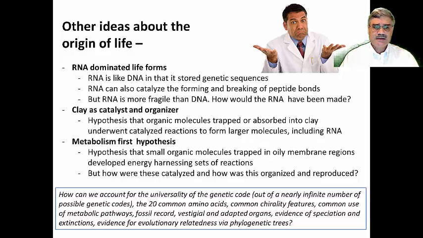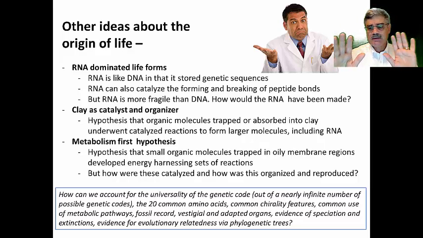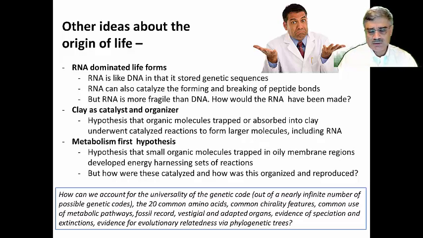How can we explain the chirality features? Remember, that's the left and right-handed nature of biomolecules, with amino acids being L or left-handed and simple sugars being D or right-handed. Also, how do we account for the common metabolic pathways? We may have talked about glycolysis and what is called the Krebs cycle, and these pathways are used in all life forms with only some slight variations.